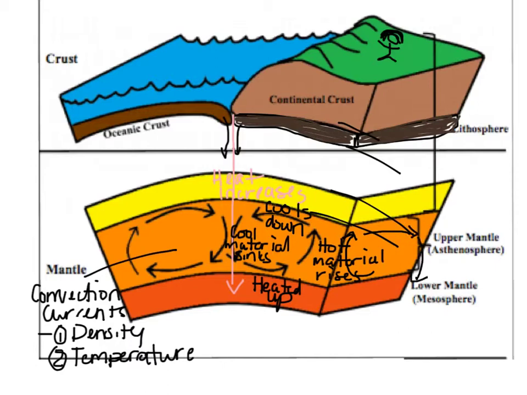Because it cools down and becomes more dense, it sinks, and then it heats back up and rises. Which means there's a plate over here on this side that would be lined up. And instead of moving towards each other, what's happening to those plates? They're moving away. Because what you have are these two pieces and a convection current pushing it away, right?